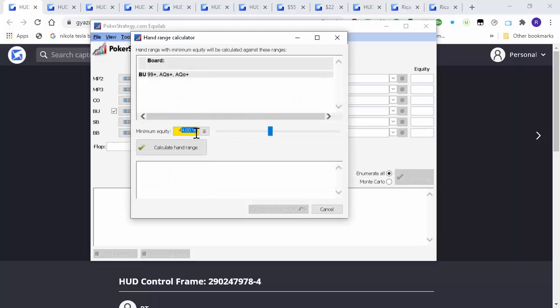So to need 43.75%, I can only call 10s plus, ace king. If I drop that by 11.1%, that would be 32.65. Now I can call any pair, ace jack suited, king queen suited, queen jack suited, ace queen off.